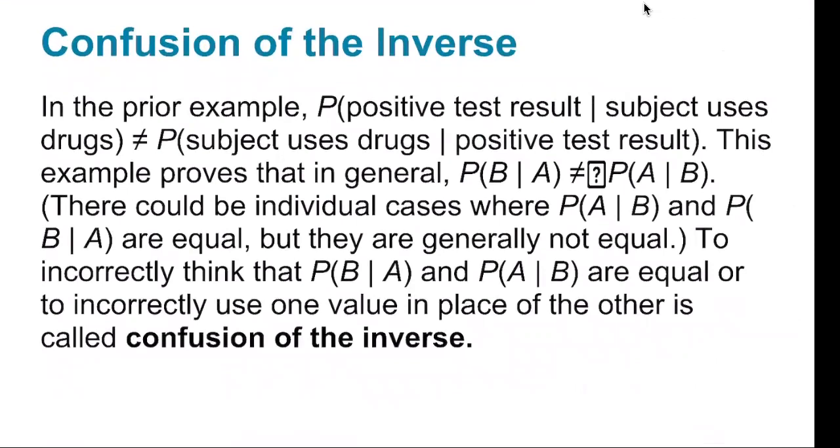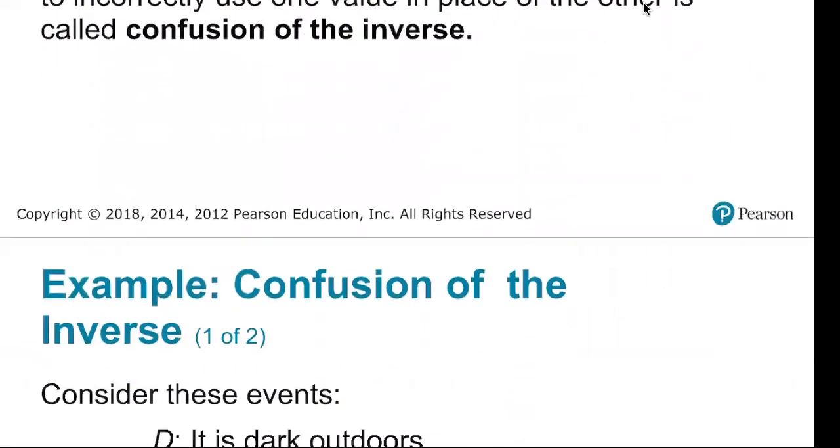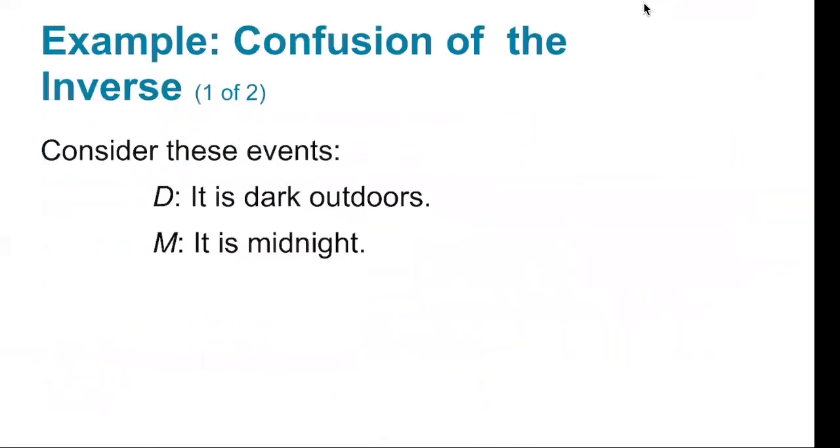Just to finish this, just read this. I don't know what that symbol is. Basically, it says, be careful. Don't think that the probability of B given that A occurs is the same as the probability of A given B occurs. And here's an example. Are these both always true?